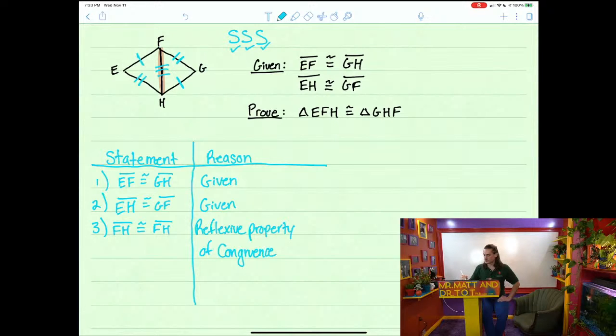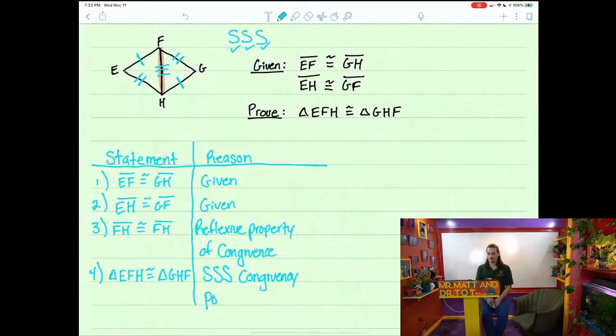And that's due to the side-side-side congruency postulate. If you have any questions, then please let me know.